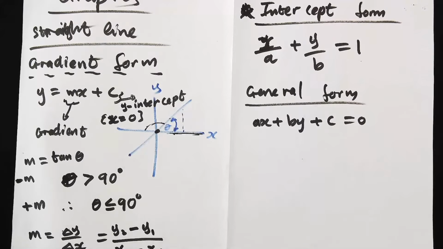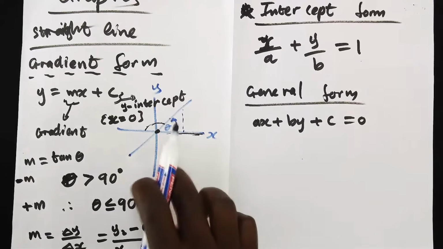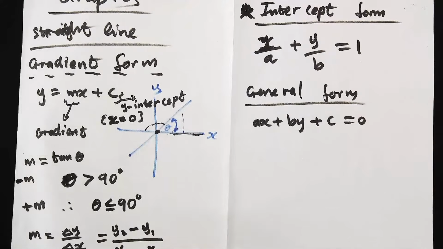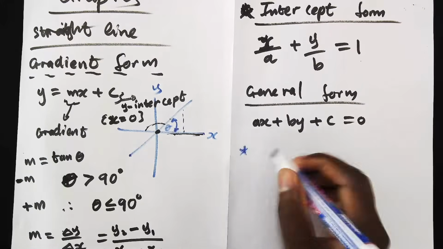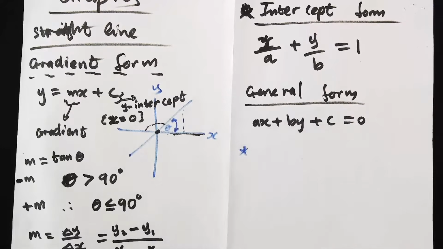So there are a few questions that we have to answer, which I have created here, about the straight line I plotted. The first question is: is a straight line a function or a relation?